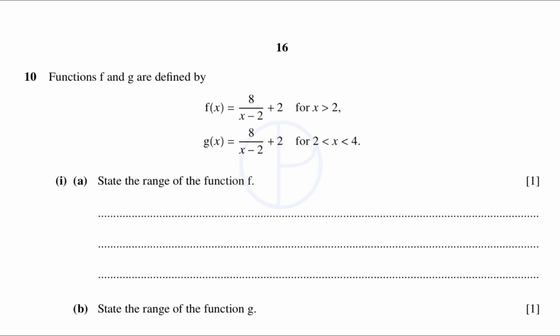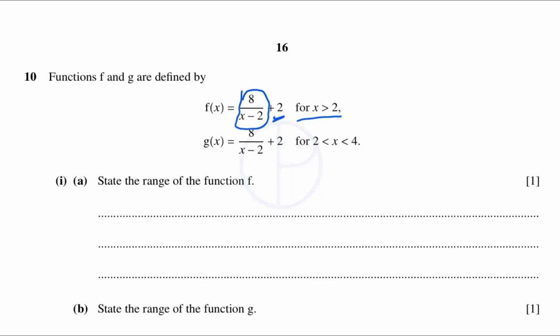Next is the function question. State the range of the function f. Here the domain is x greater than 2. When you substitute a value which is greater than 2 in f of x, you will get 2 plus some positive value.